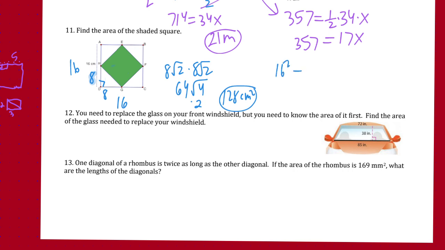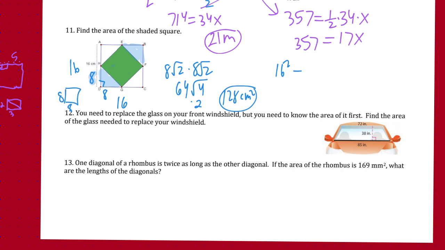You have to minus off the white parts. Well, the white parts are comprised of little triangles, okay? And if you think about it, this little triangle down here is an 8 by 8 triangle. Well, this triangle up here is its other side. This is also like the other half. So it kind of makes a square, and so this would be an 8 by 8 square.